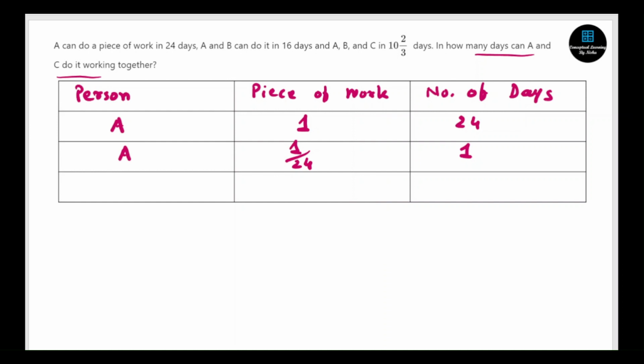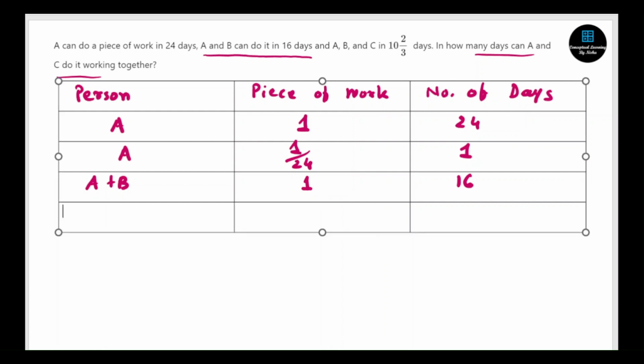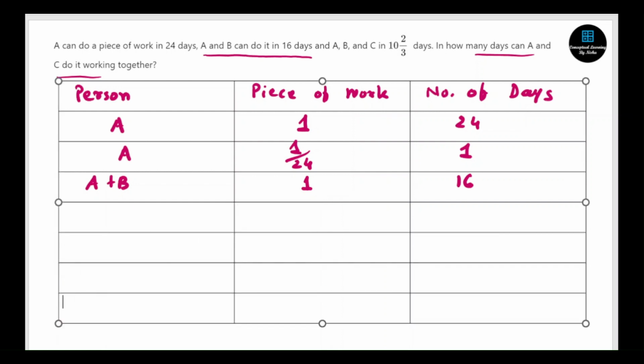Now from the statement, A and B can do it in 16 days. So A plus B together do one piece of work in 16 days. Now the same logic applies. So A plus B can do how much work in one day? 1 over 16th work, correct. So they can do 1/16 of the work in one day.